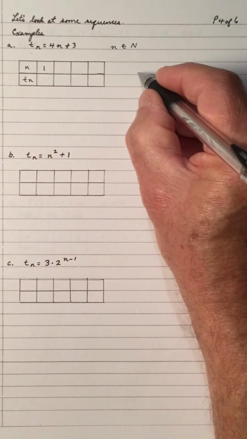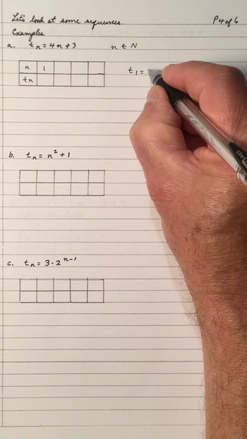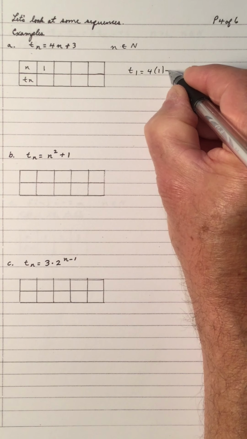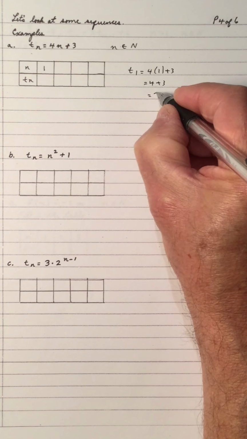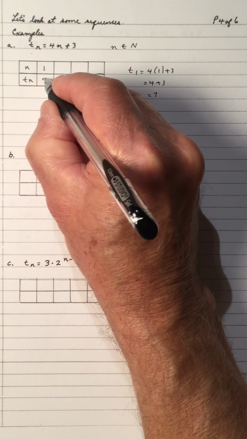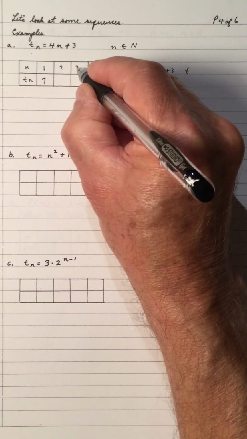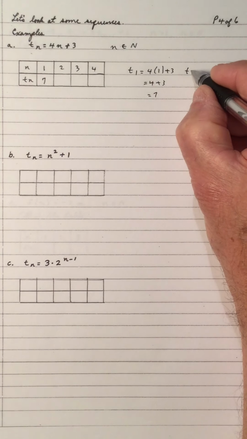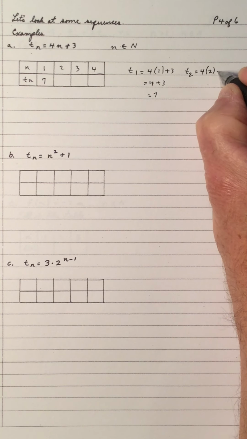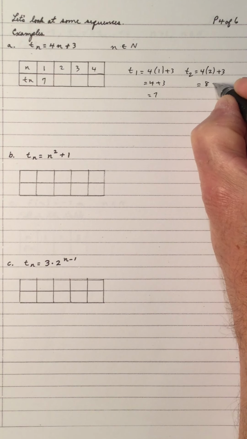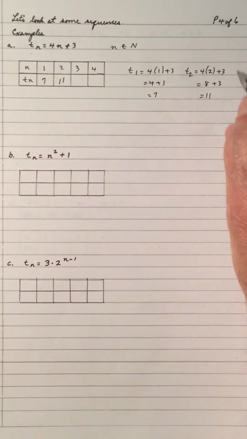So when n is 1, the t of 1 is 4 times 1 plus 3. 4 times 1 is 4 plus 3 is 7. So when n is 1, Tn is 7. Now we're going to do a 2, a 3, and a 4. So t2 is 4 times 2 plus 3, 8 plus 3, 11.